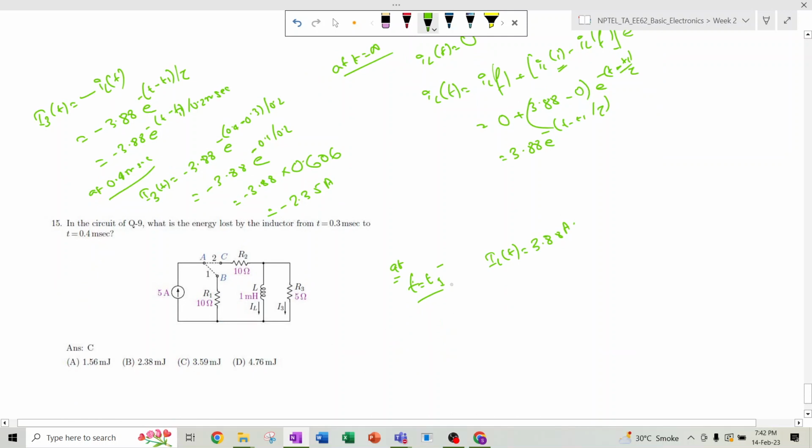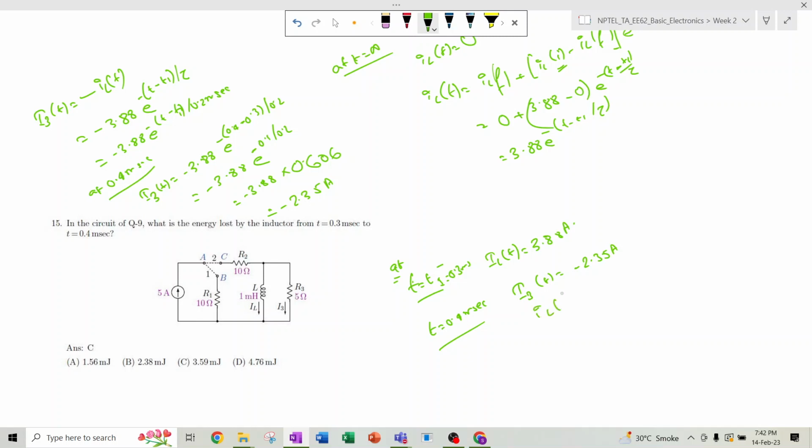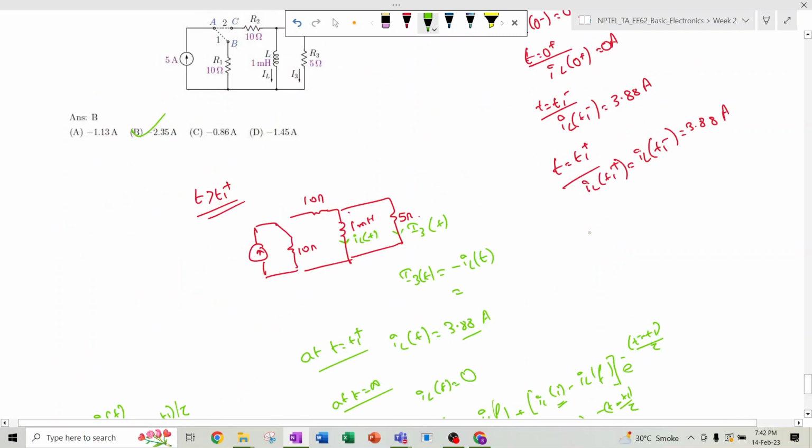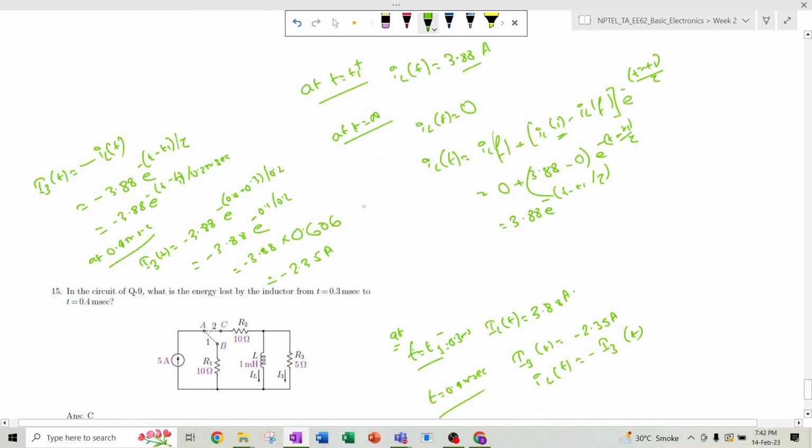Similarly, for 0.4 millisecond, we have already discussed that the value of I3(t) is minus 2.35 ampere. ILT is minus I3(t) because the equivalent circuit becomes this; whatever current flows through I3(t) will be the negative of IL(t).